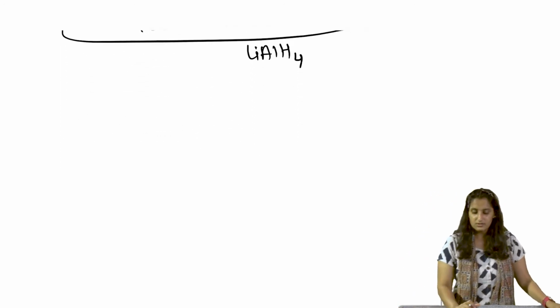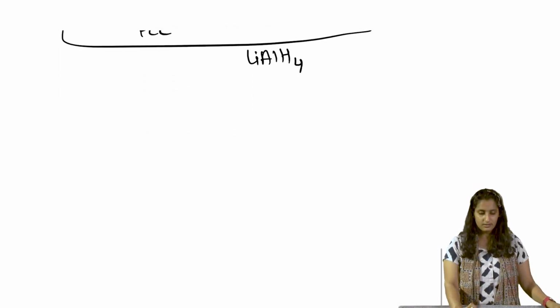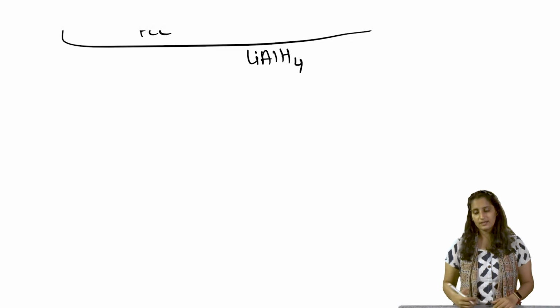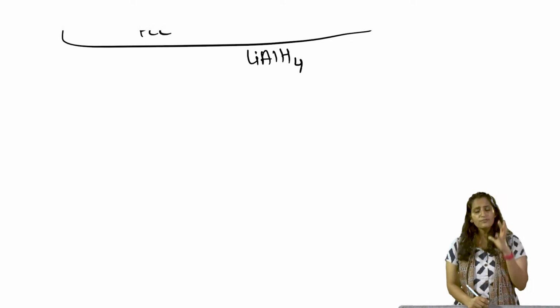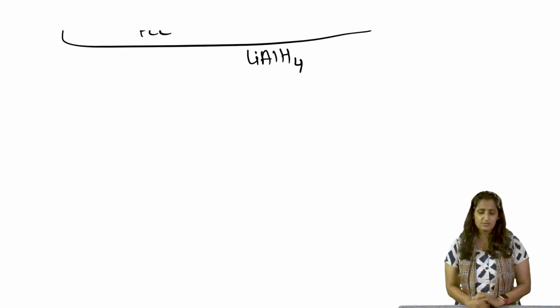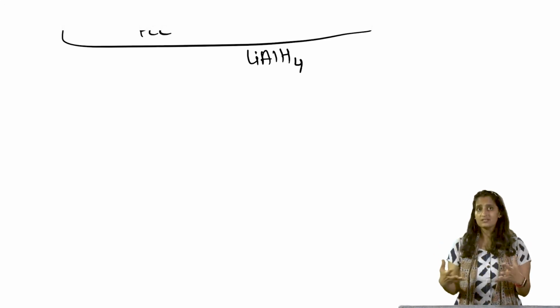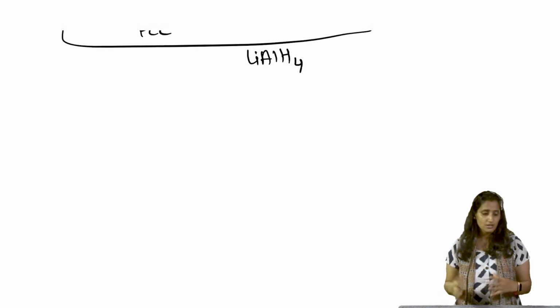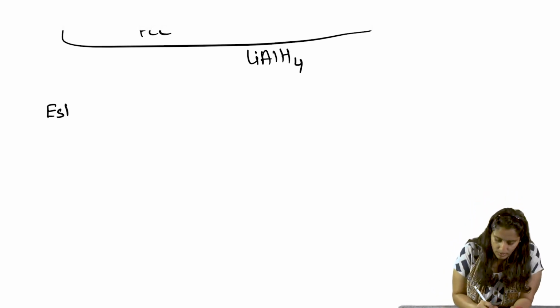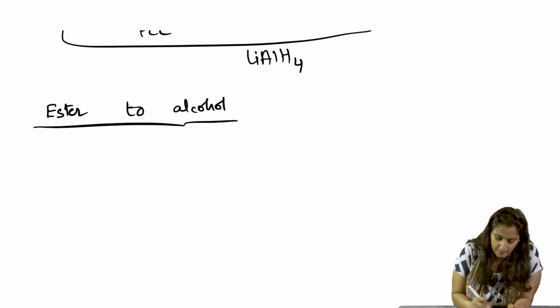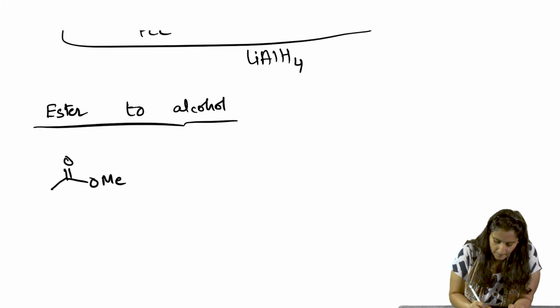Okay. So, let us start with the reagent that we have written here, lithium aluminum hydride. Now, it is a wonderful hydride agent because it can give off that H minus, which is the main reducing agent when we use this in excess. So, let us start with an ester, converting an ester to an alcohol.